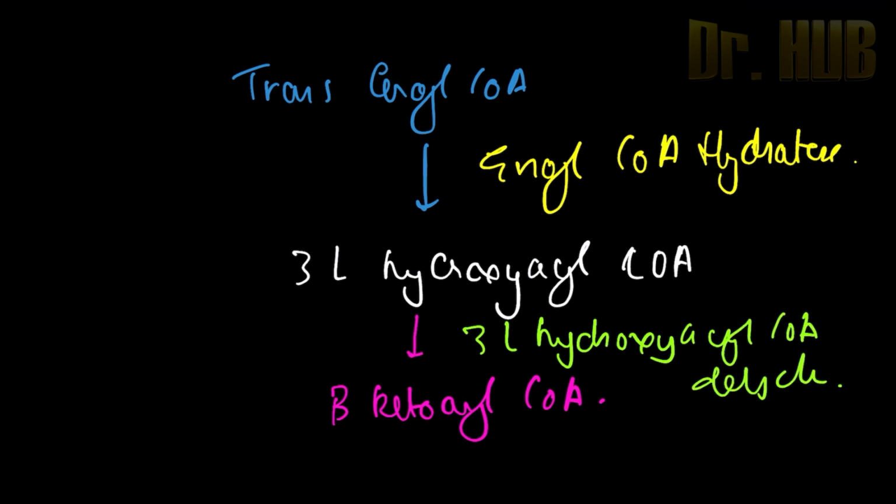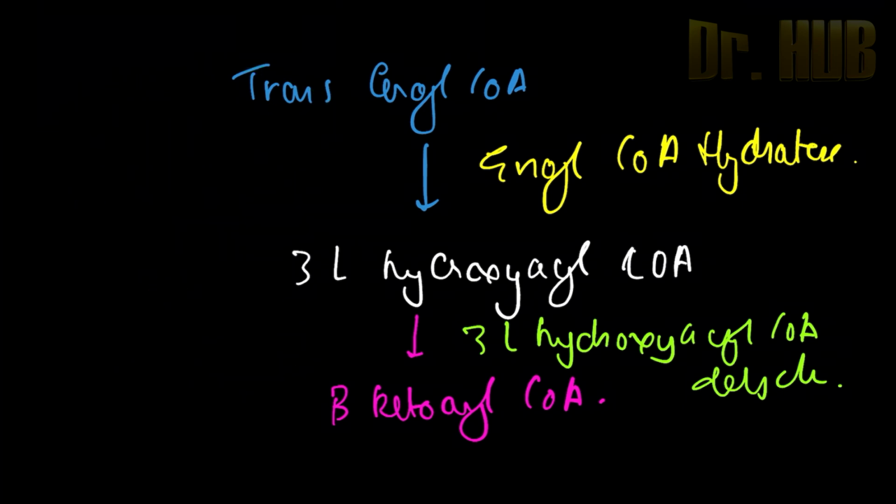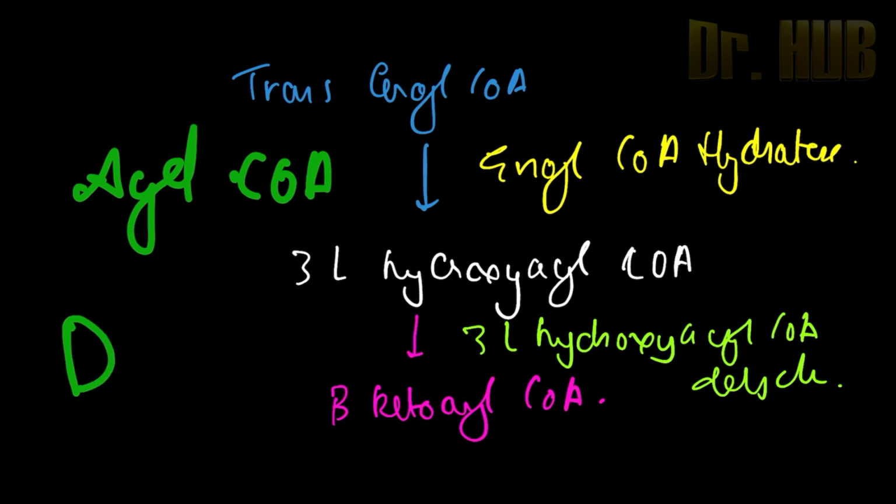So let's recap. First the fatty acyl CoA was converted to the trans-enoyl CoA. The enzyme involved here was the acyl CoA dehydrogenase.